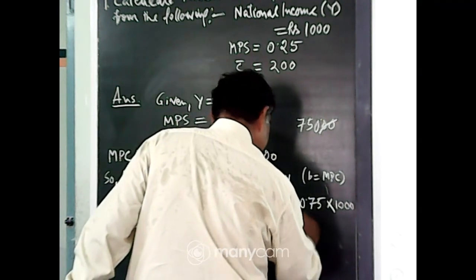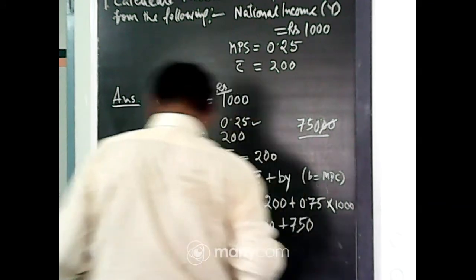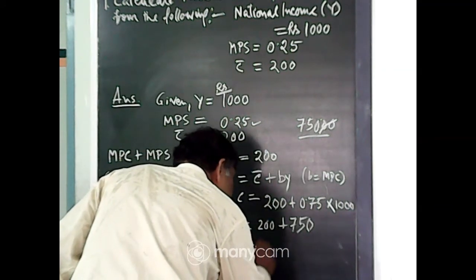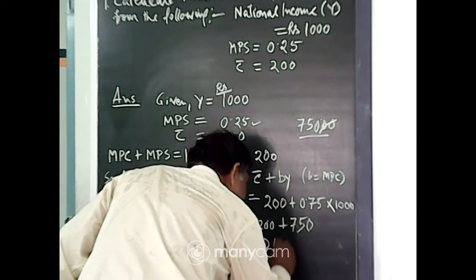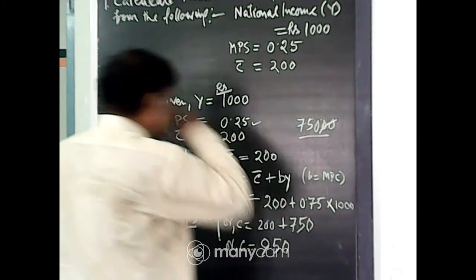So C is equal to 200 plus 750, and C is equal to 950.